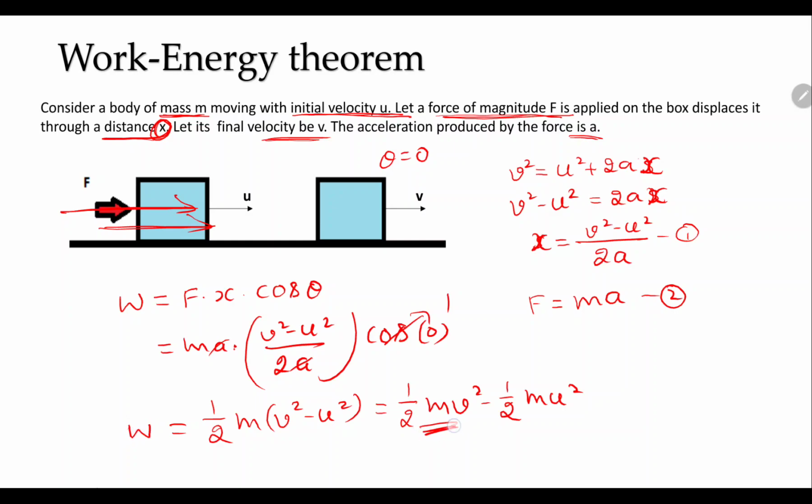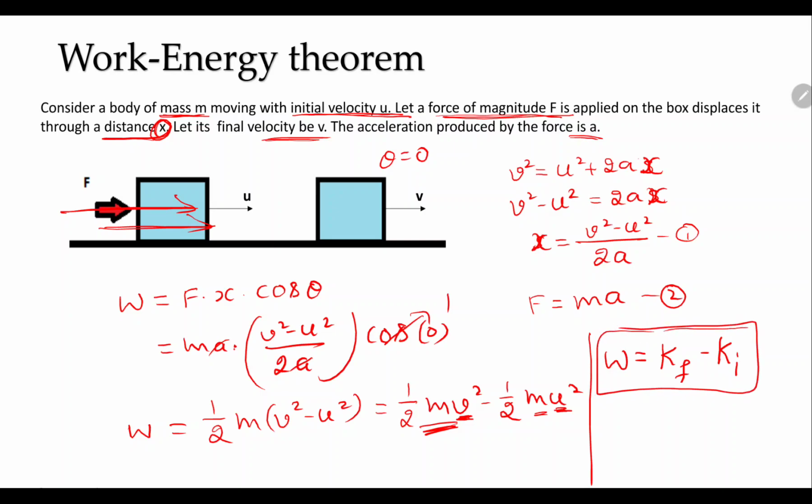Isn't it the final kinetic energy, because v is the final velocity, and u is the initial velocity, so this is the initial kinetic energy. Therefore in general we can write work done is equal to final kinetic energy minus initial kinetic energy. This is called the work energy theorem. Here you have to write the statement also.